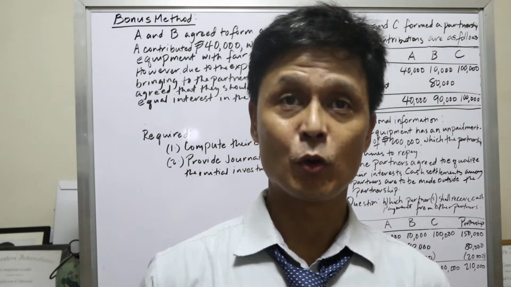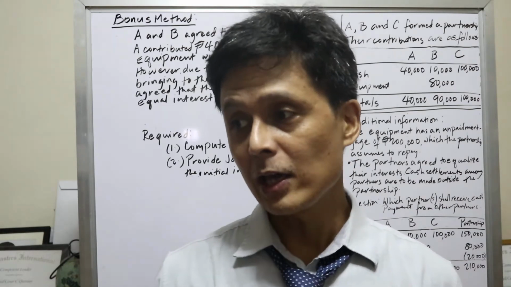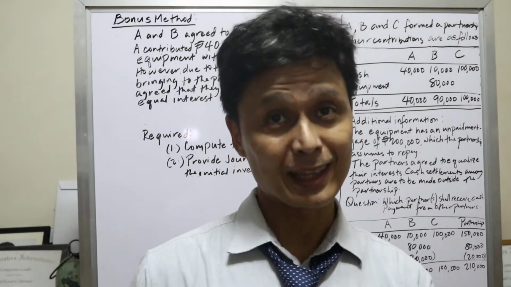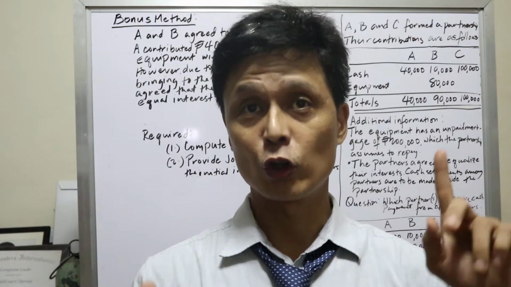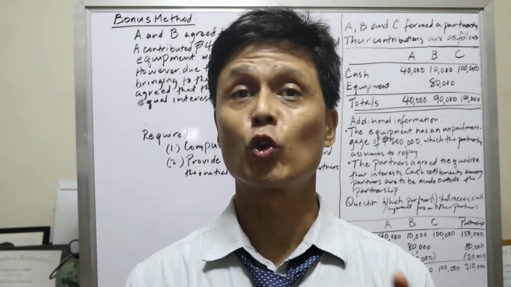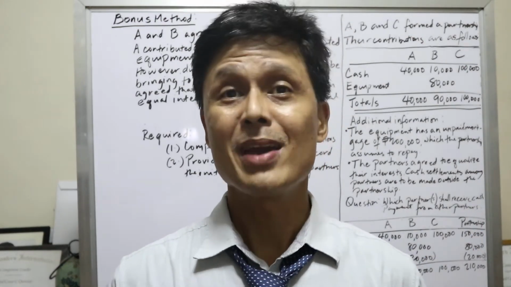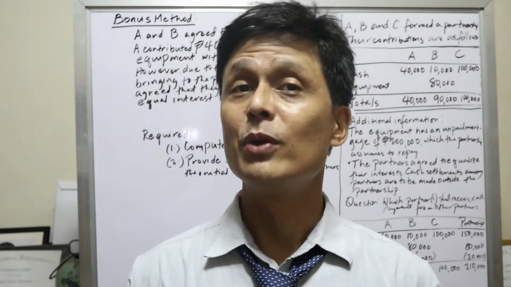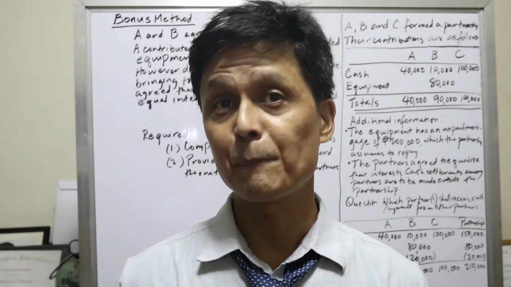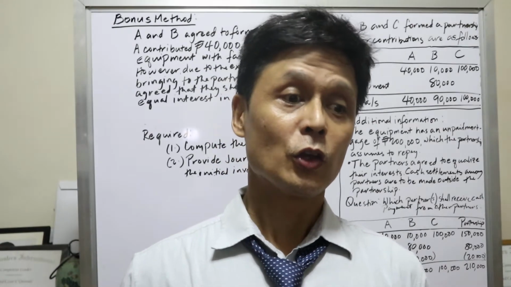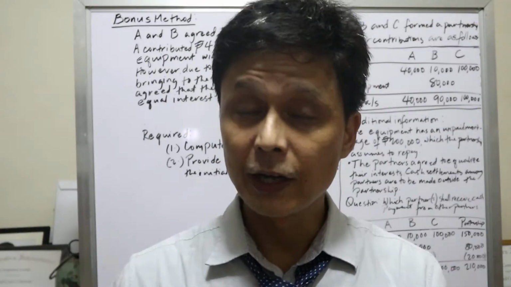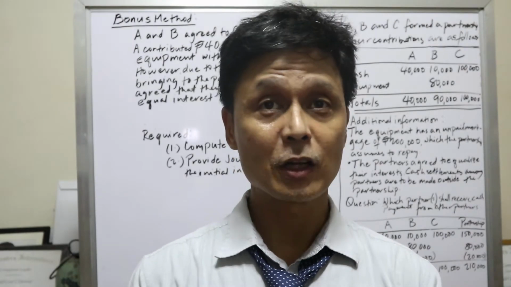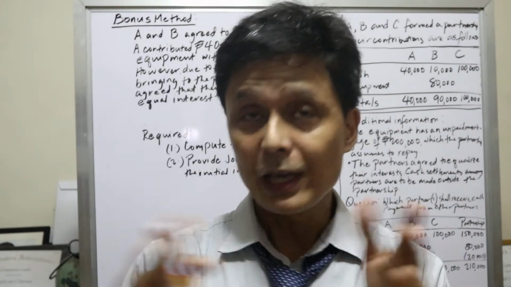So, for example, let's say si A nag-contribute ng 10,000, si B nag-contribute ng 40,000 for a total of 50,000. Now, may agreement na since si A is bringing experience to the company, therefore, yung agreement na yon is that yung capital contribution magiging equal sila.